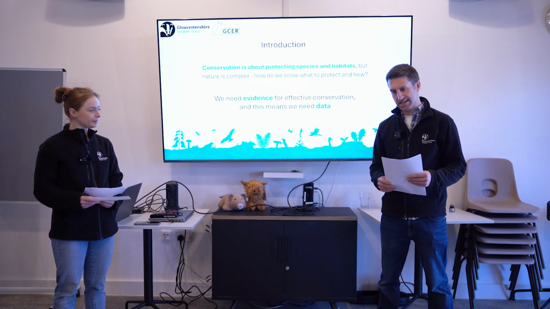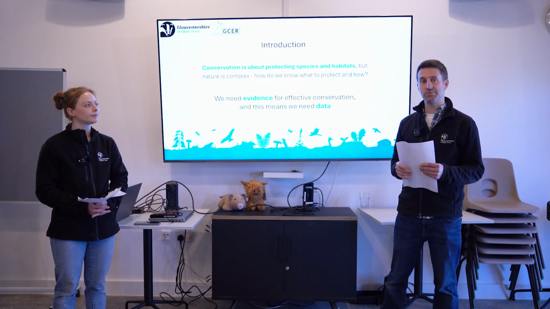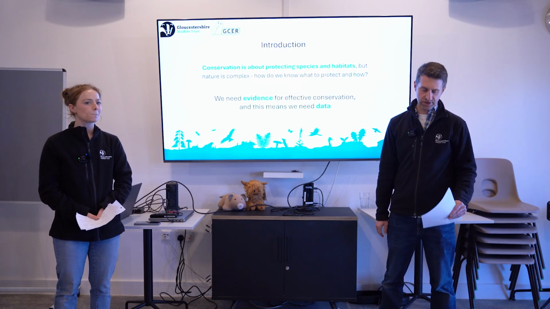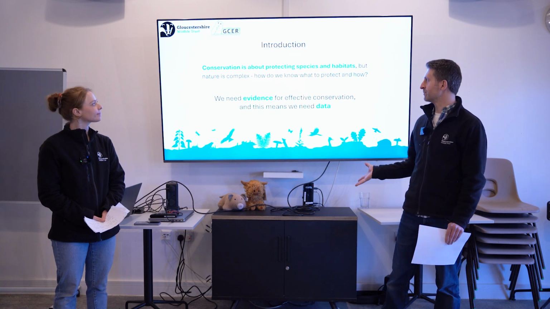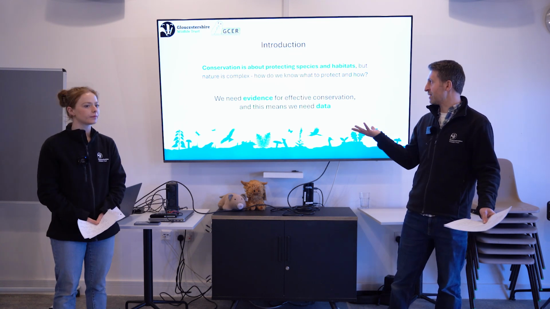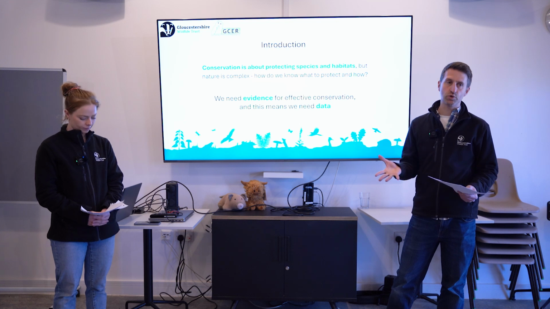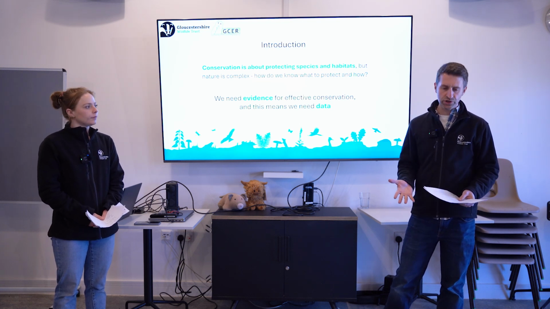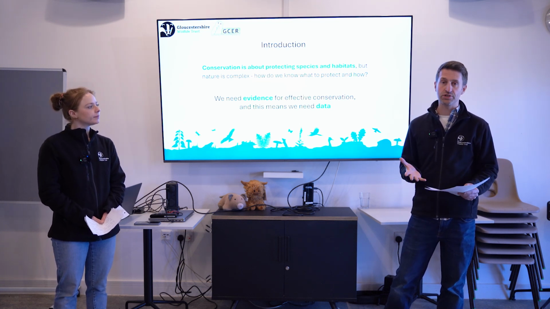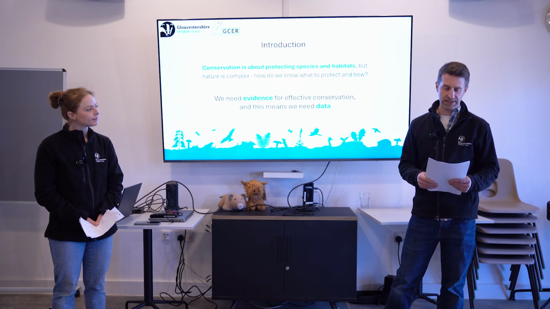So let's take a little step back from the technology to begin with. Let's talk about conservation. Conservation is about protecting species and habitats. We're trying to restore ecosystems, create new habitats, and support thriving wildlife populations.